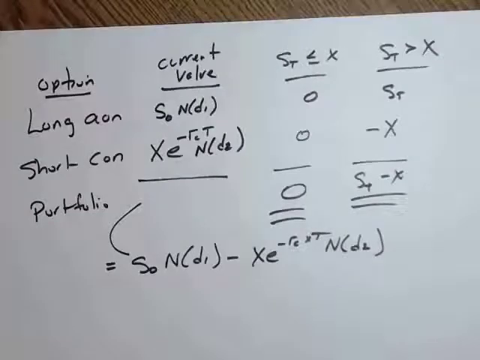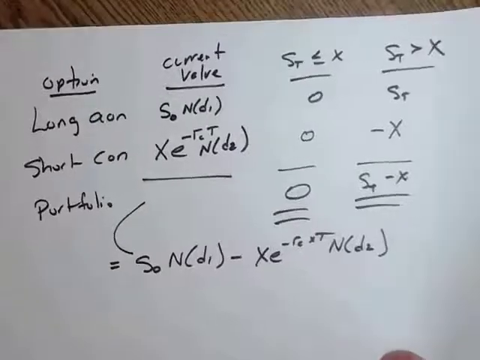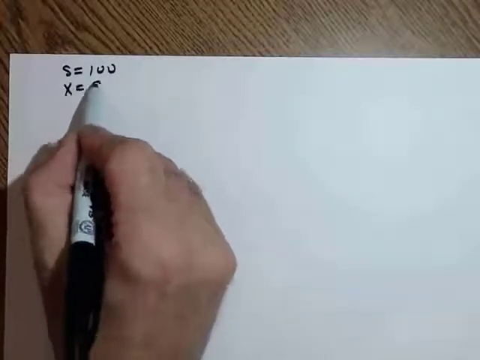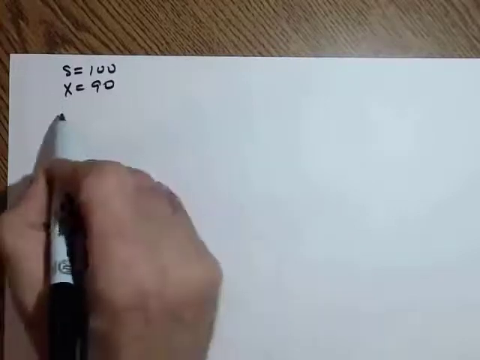Okay, so now we can look at this a little more closely by comparing it to the binomial model. Let me give you an example with the binomial model, and let me give you the parameters of this example. I'm going to suppose that S equals 100, and that X is 90, the strike is 90.